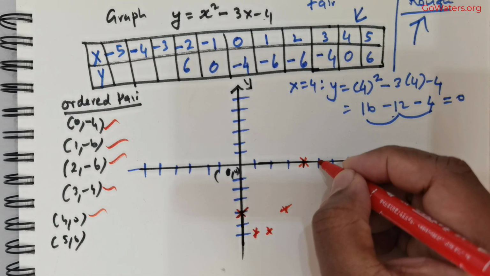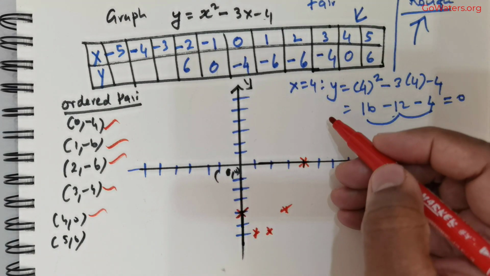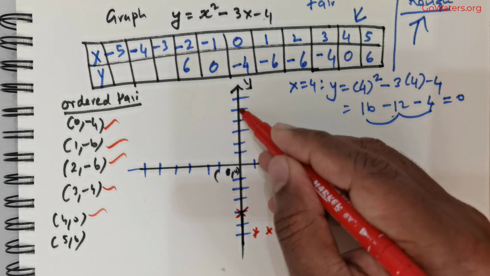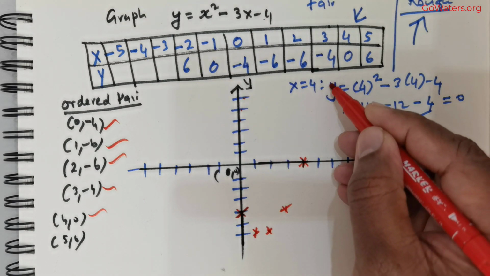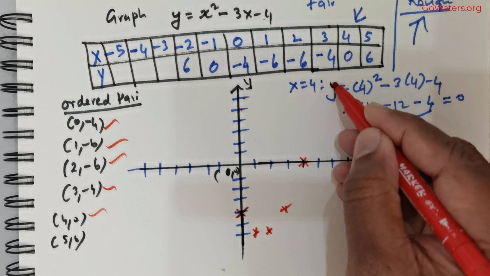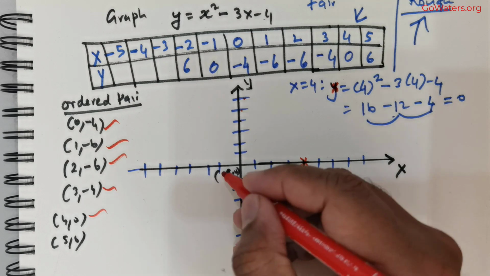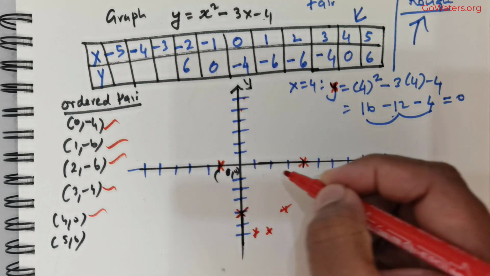5, 6. That's going to be up. You see the graph is moving up. So 5, 6 is going to be over here. Coming to the other side, -1, 0 is going to be over here.